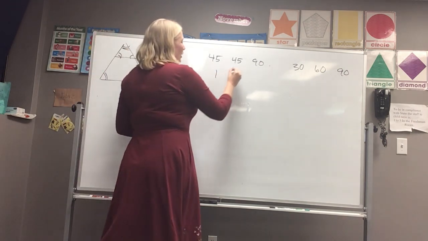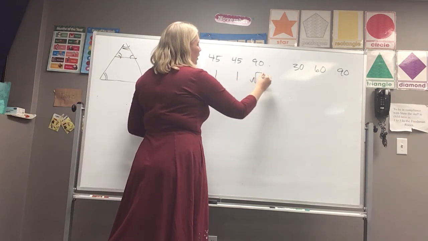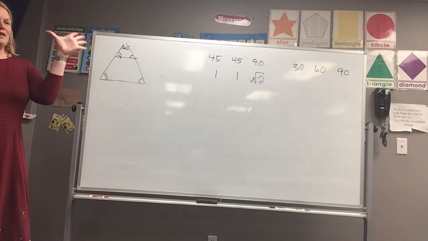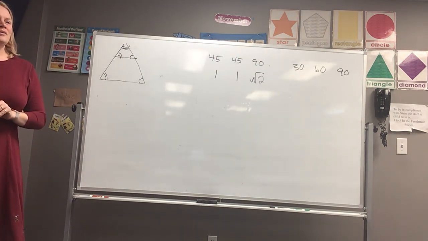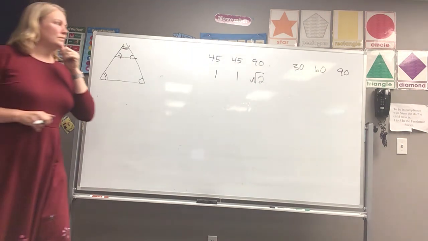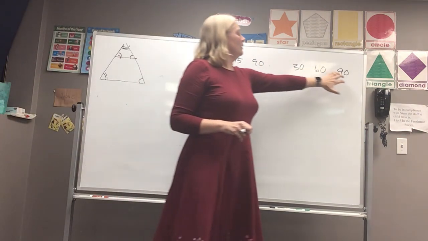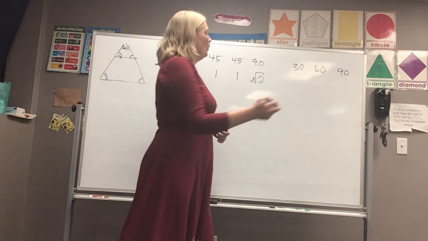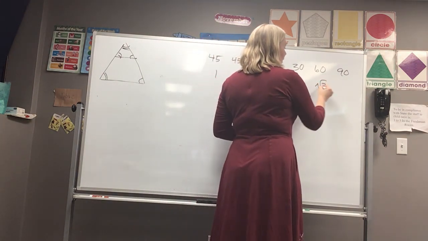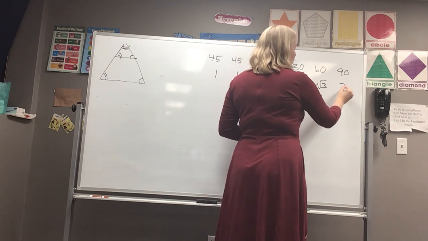Close. 1, 1, square root of 2. Because if it was 1, 1, 2, we've got a straight line, not a triangle. And then our 30, 60, 90, we have 1, square root of 3, and 2.